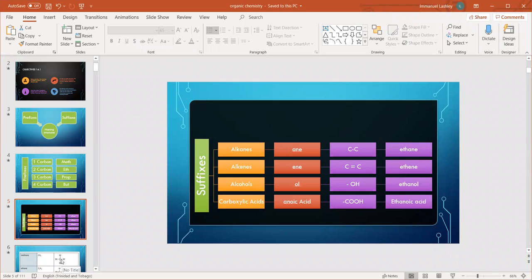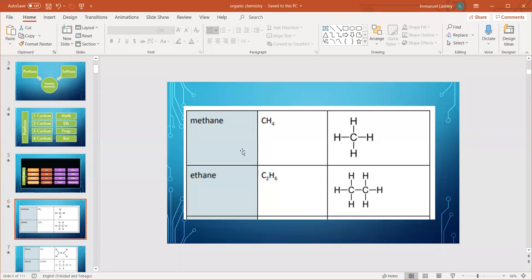So let's take a look at something that we looked at last class. As I'm telling you, I am recapping some of the things that we went through last class before we move forward. So methane, which is an alkane, has the formula CH4. That's the molecular formula. And it has a displayed structure of one carbon that is bonded to 4 hydrogens.